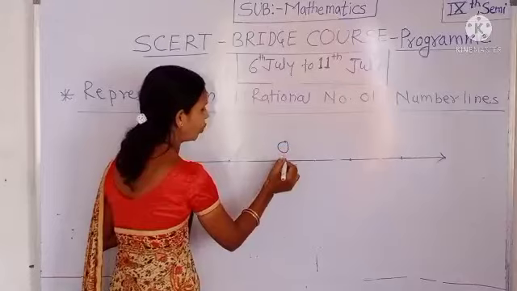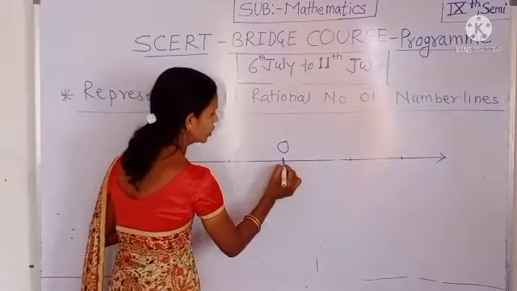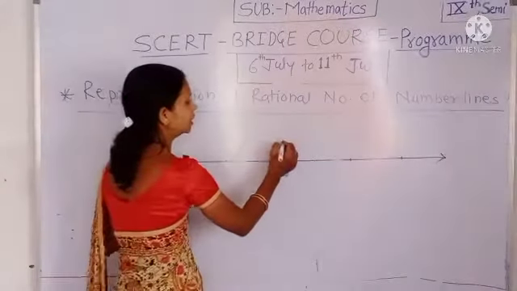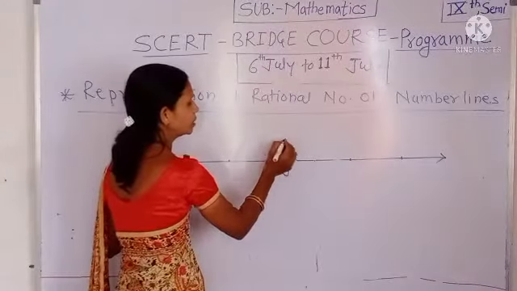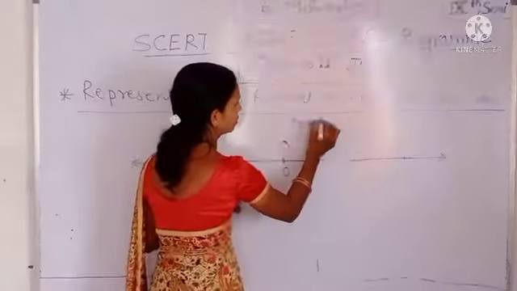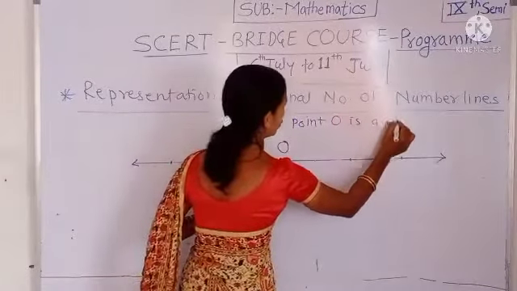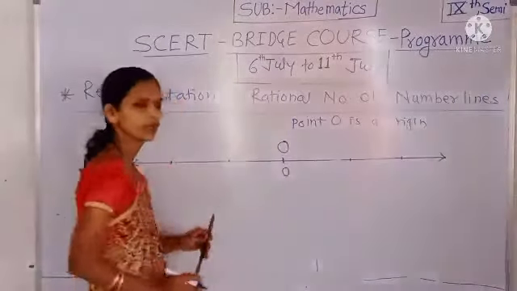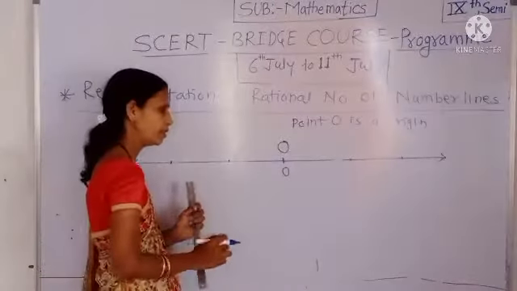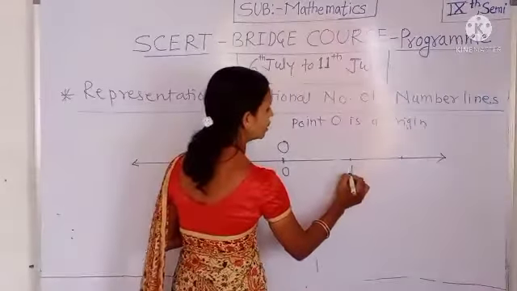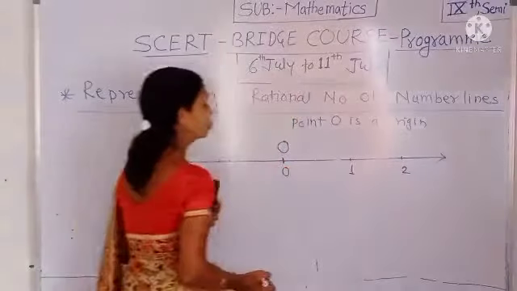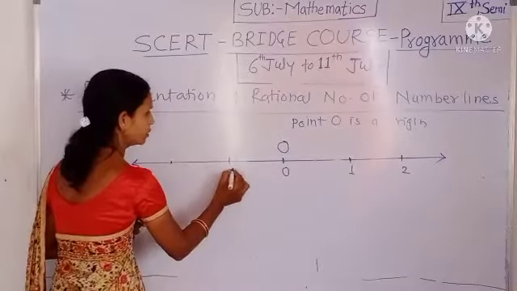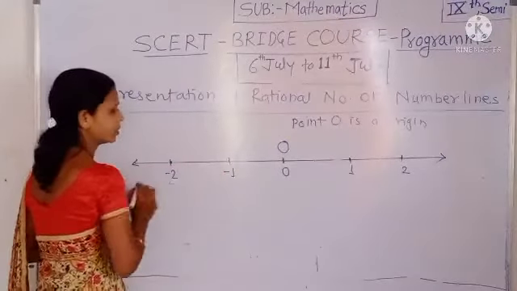Then see here, O is a point on the number line to which 0 is related, that is the origin. See here, point O is the origin, and 0 is the coordinate of that point O. Then see here, at equal distance, +1, +2 numbers are there, and here -1, -2 are.